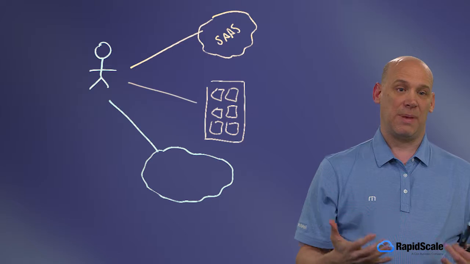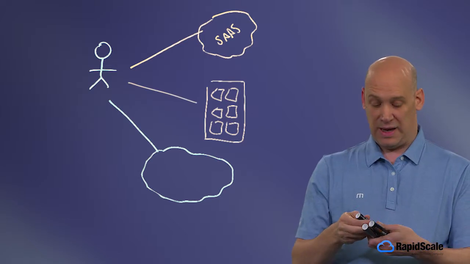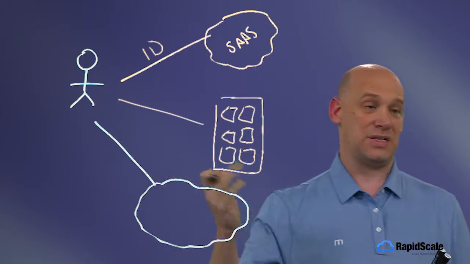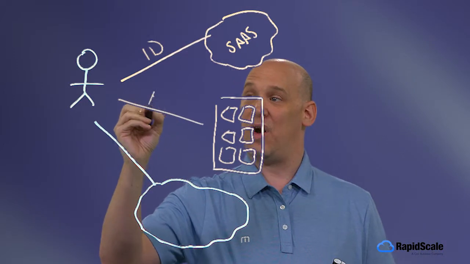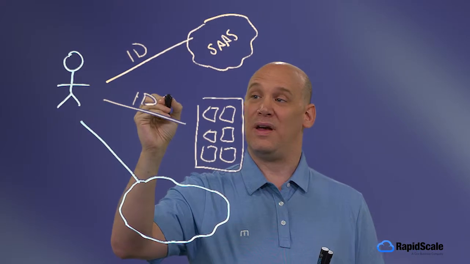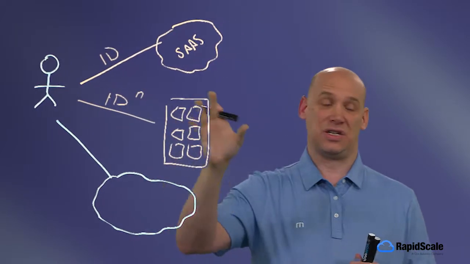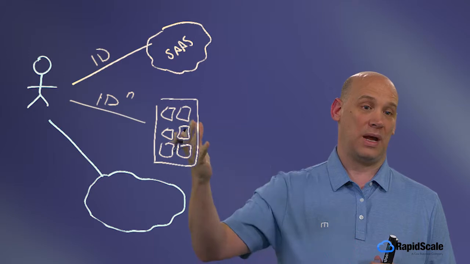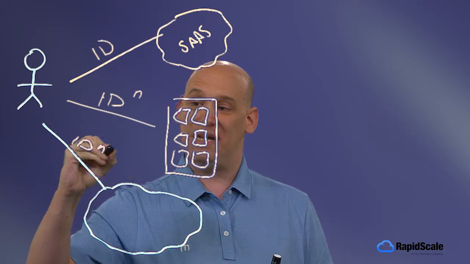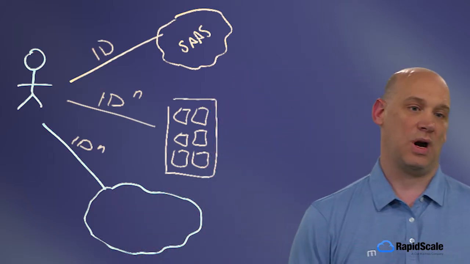Now, the interesting thing about this is that today I have an ID to connect to this service. I have an ID to connect to this service. In fact, I have N IDs to connect to services through my employer. And then I have ID or IDs to connect to these services as well.